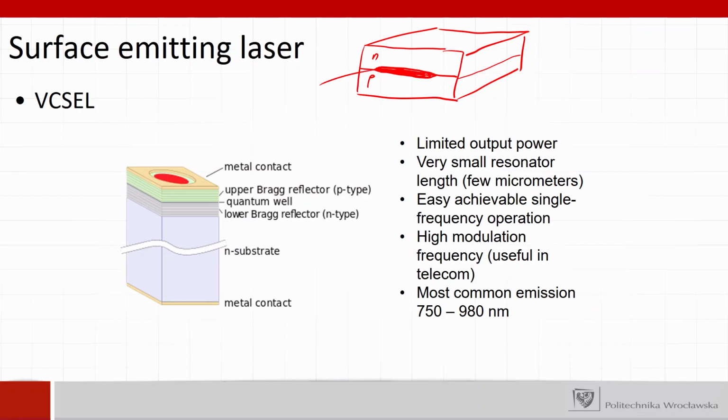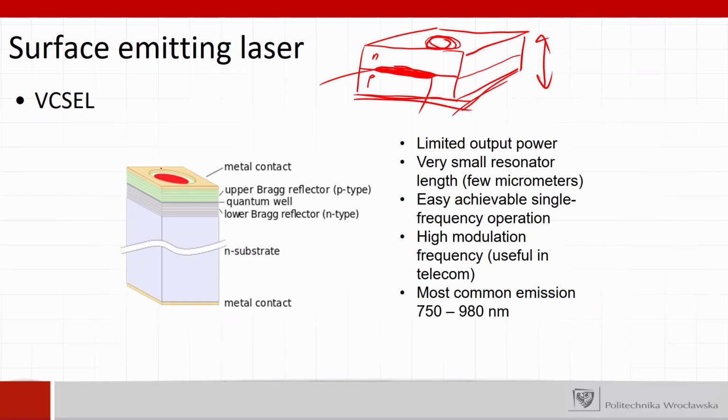So this was the edge emitting laser. But one can make a surface emitting laser. Instead of using the edge, we can force the laser to operate in this perpendicular direction. We just make a hole in the structure on the top, and we make a reflector on the bottom. And this is shown here.